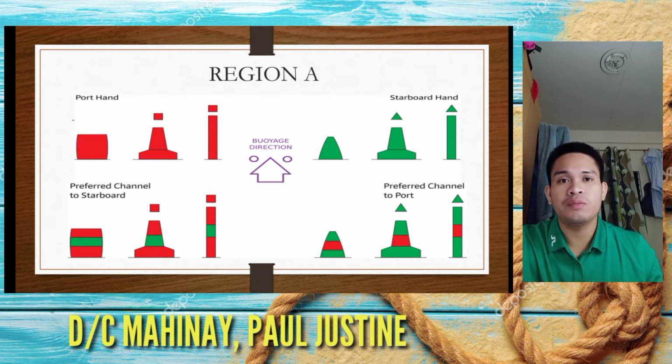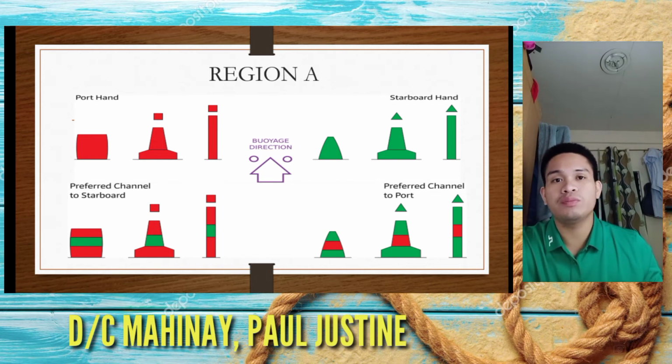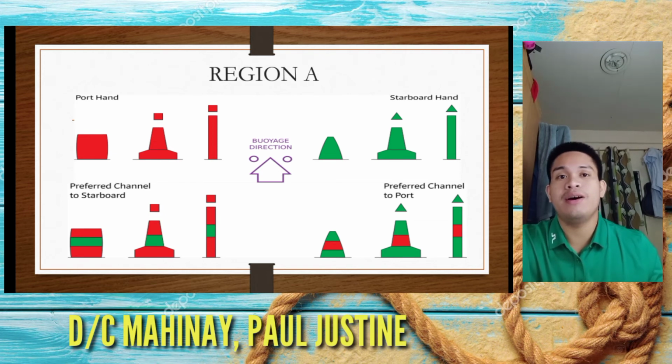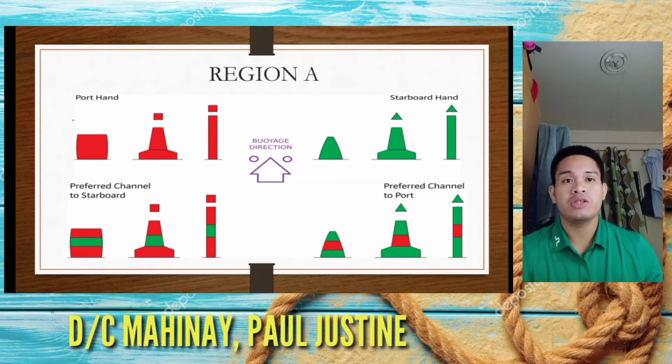If you're going to region A, always remember the starboard hand side is color green, shape conical, pillar or spar, top mark single green cone, point upward.